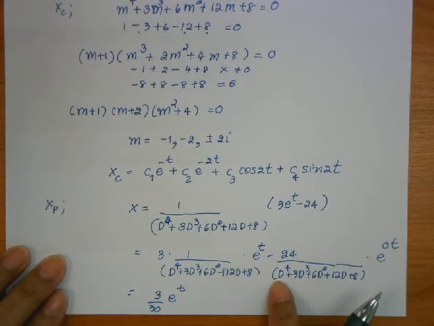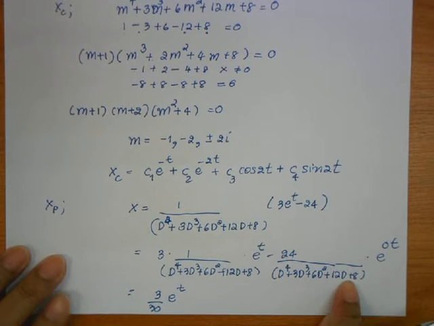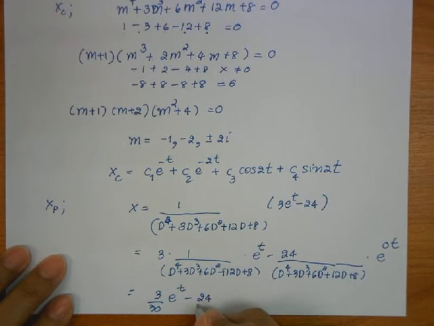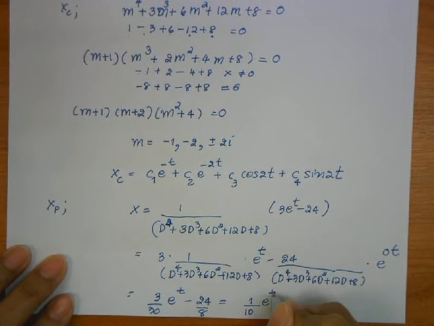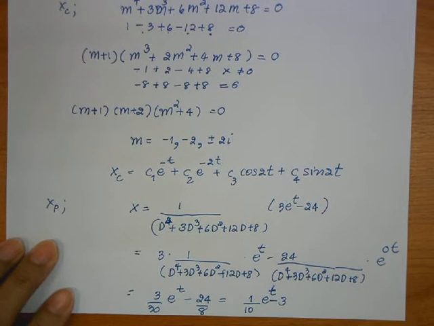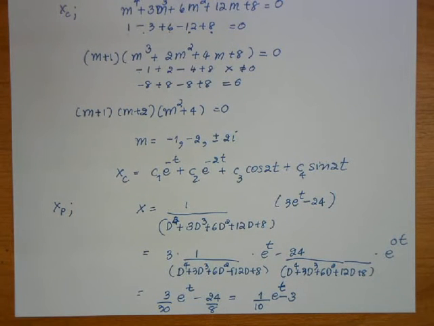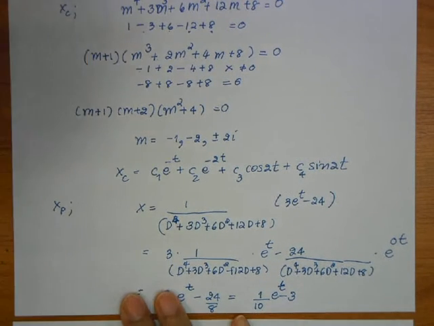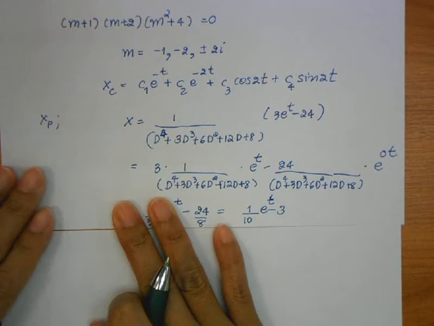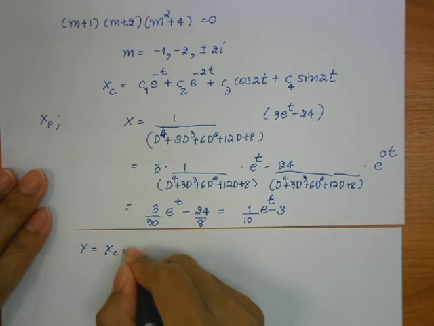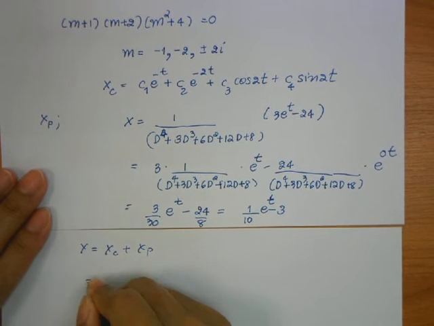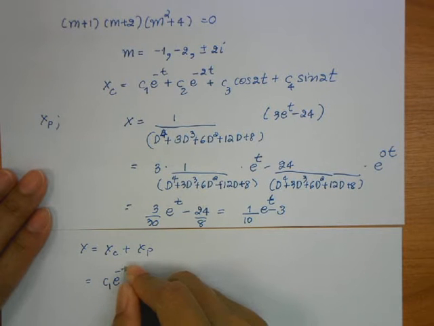You put 0 into every term of D, you would get 8. 1 over 10 exponential t minus 3. That is our xp. So now, our x is equal to xc plus xp, which is equal to this.